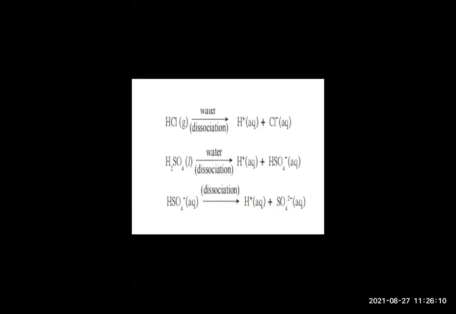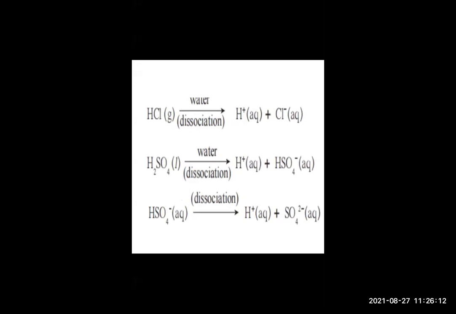Here H+ aq is written, you can see on the screen, and Cl- aq is written. Why? Because of dissociation. When acid is mixed in water, water molecules enter between hydrogen and chlorine and separate the bond. And what is formed? One positive ion and one negative ion.